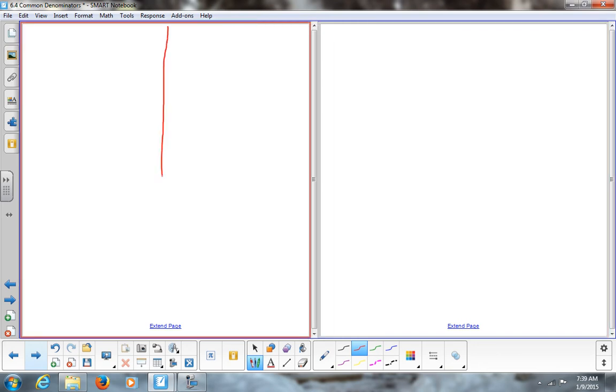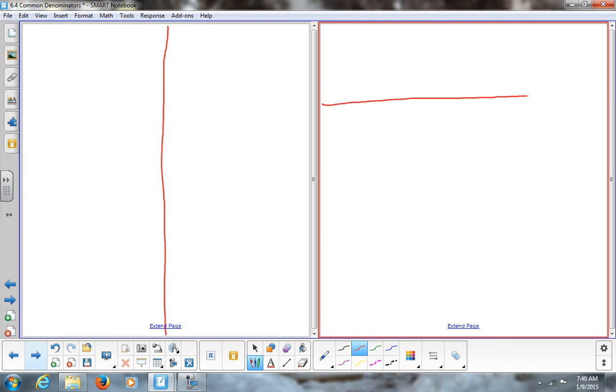So go ahead and take that paper and fold it in half, hot dog style. Okay, and then the other paper is in thirds. So you're going to take this paper, not hot dog style, but like we did our brochures for our regions, and fold it into thirds, like that. So it'll look like this.